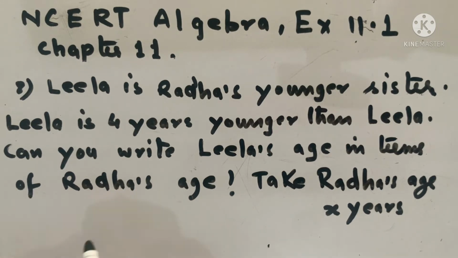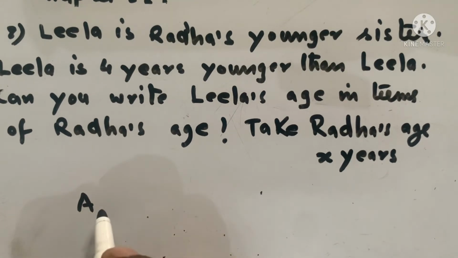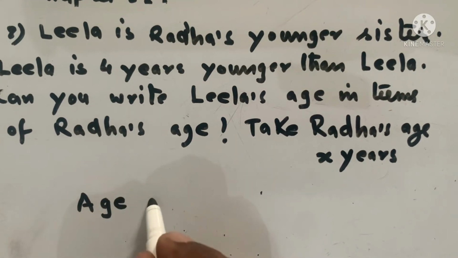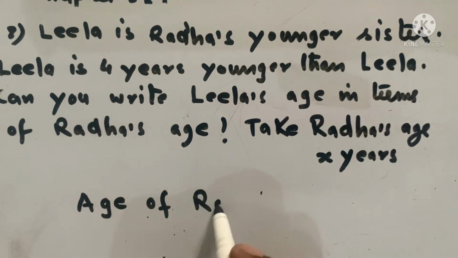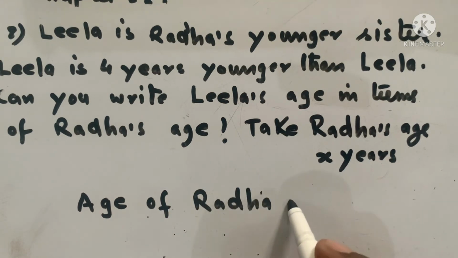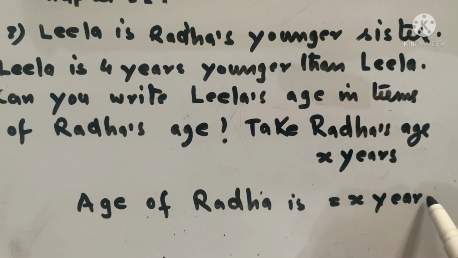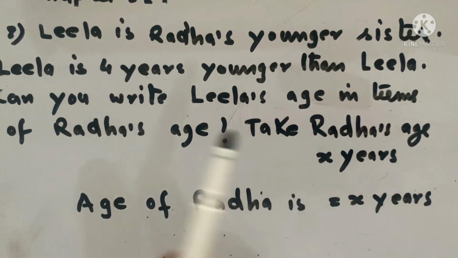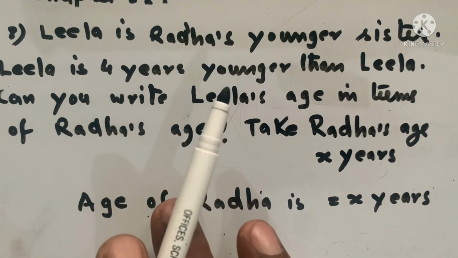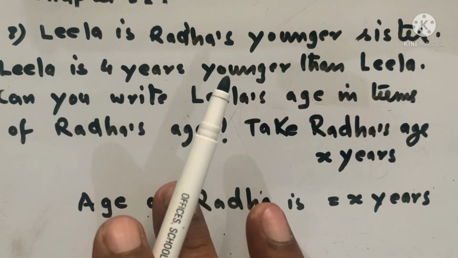Now the age of Radha is x years. Leela is younger, which means Leela is smaller than Radha. Younger means smaller.